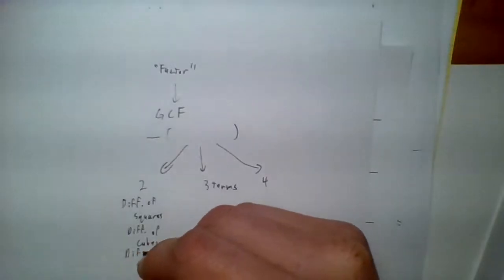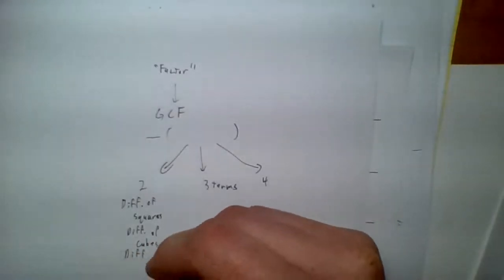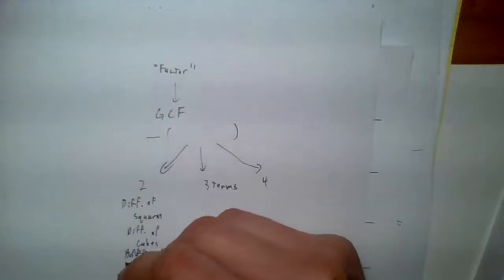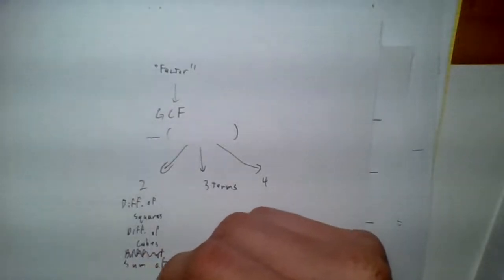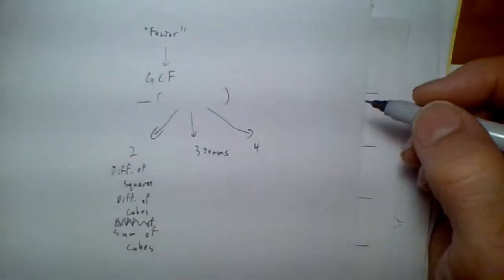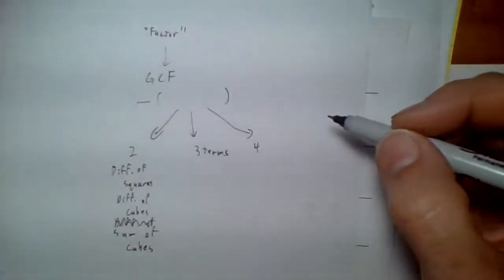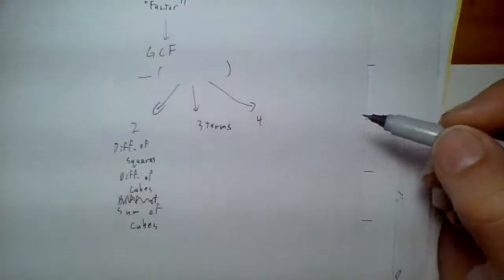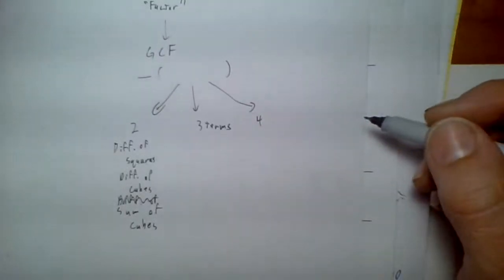Those are the only kinds of factoring we can do after GCF. So that takes care of all the possibilities with 2 terms. If it doesn't fit one of those patterns, then it's prime. We can't go any further with it.